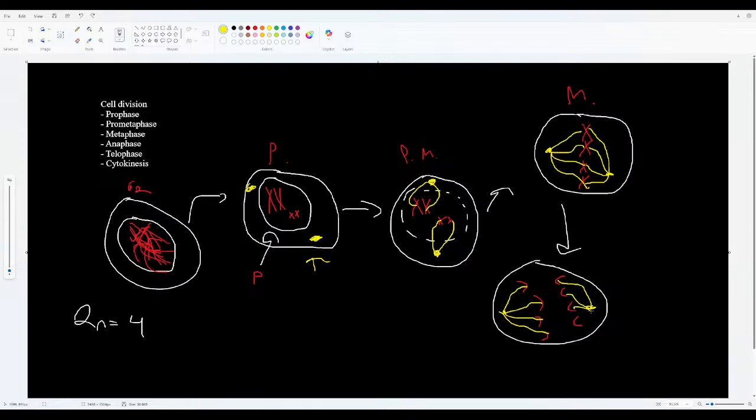And at this point, and I know this is going to be very confusing, so bear with me, these chromatids are now considered to be their own chromosomes. After these chromatids have been split apart, they are now considered their own chromosomes. It's weird, I know, but something we have to deal with.